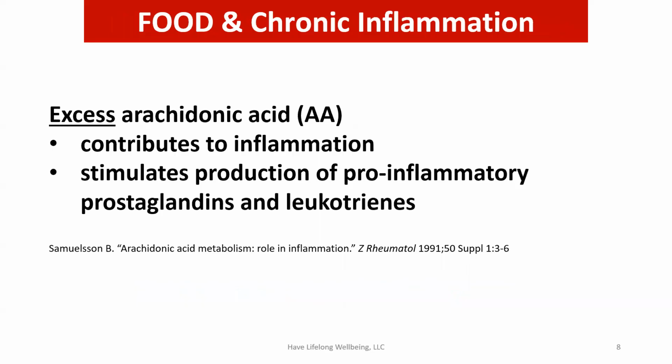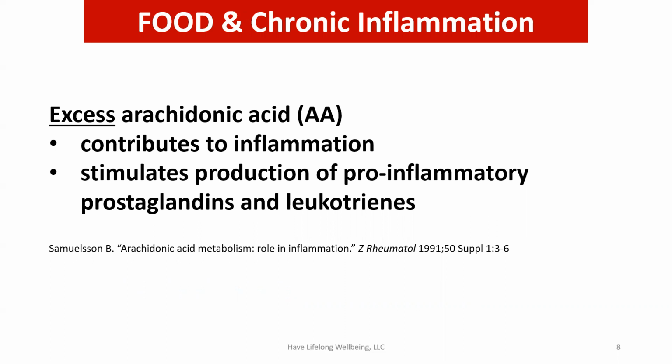The reason that food can promote chronic inflammation in the body is because of excess arachidonic acid. And I've done lots of other Friday Value videos where I've talked about this, but just very briefly, very high amounts of it are in animal foods. You get it directly. Your body will make all the arachidonic acid it needs from plant foods. It'll convert the plant oils to what you need.